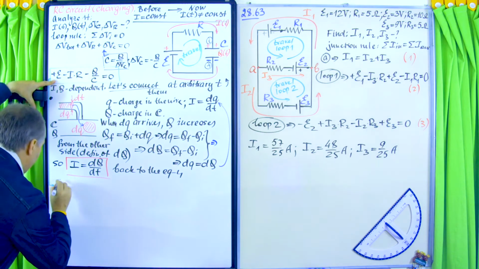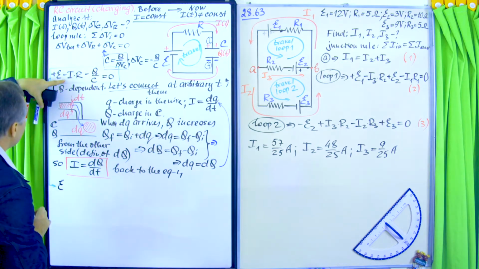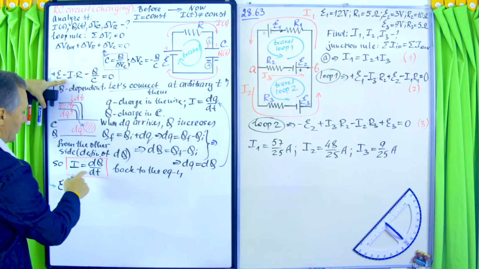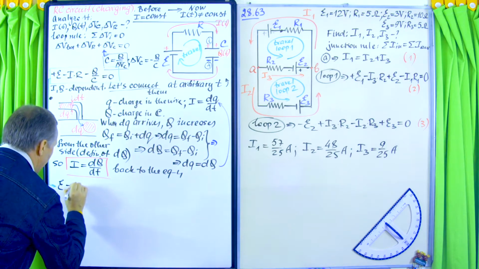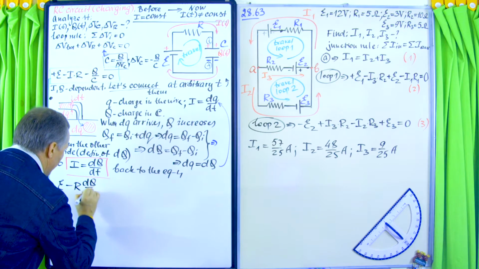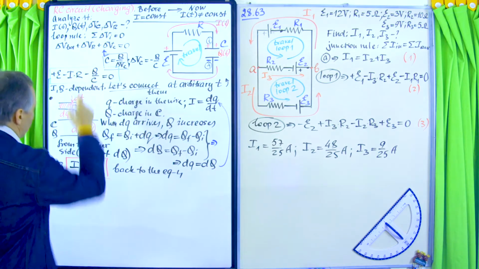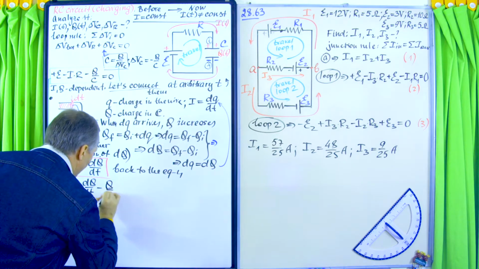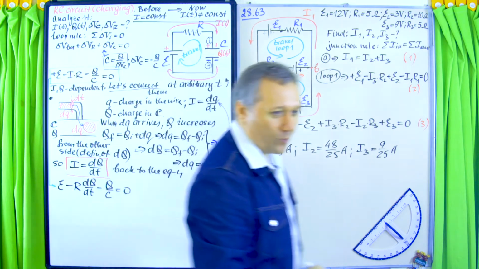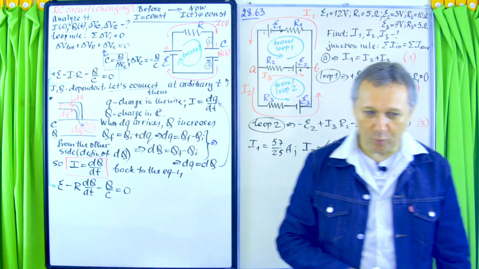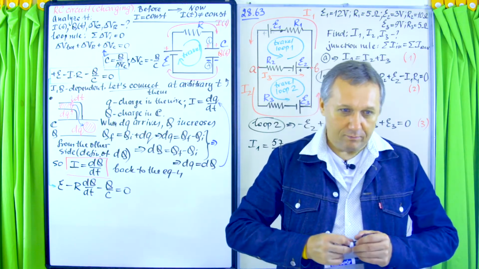So it will be EMF, then instead of current, I'm going to use dq over dt. So EMF minus R times dq over dt minus q over C equals 0. Ta-da! So now one equation, one unknown q. Now it can be solved.